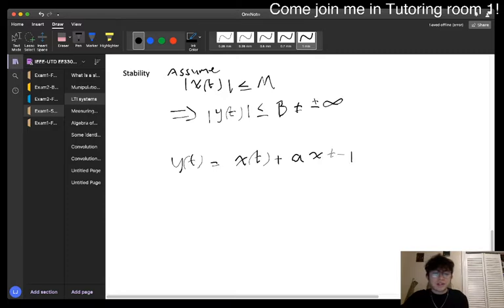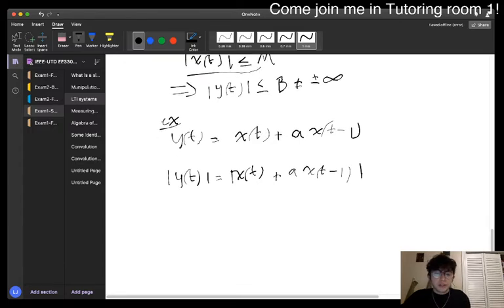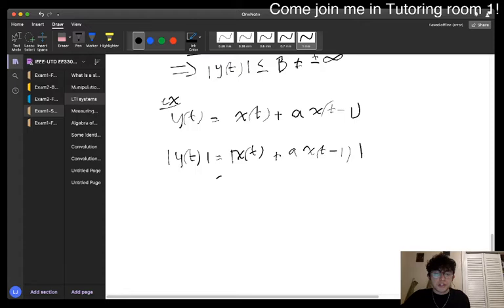Notice that if this is bounded, so if we assume that x of t is less than m, then if we put absolute value signs over everything, x of t plus a x of t minus 1, then we can turn it into inequalities.